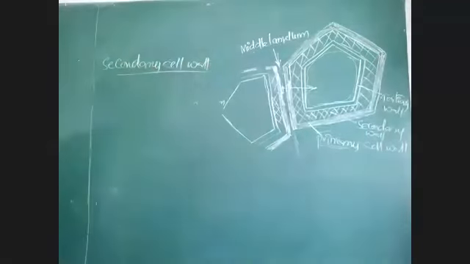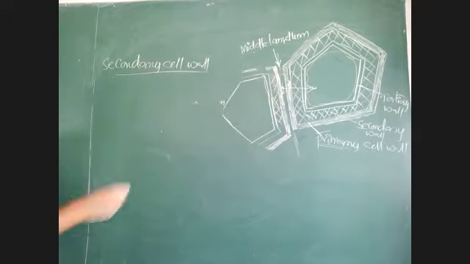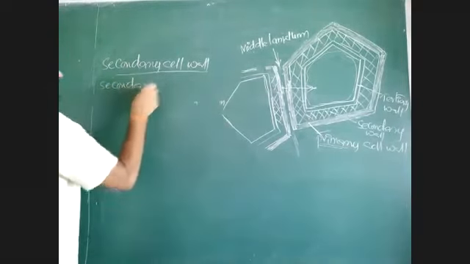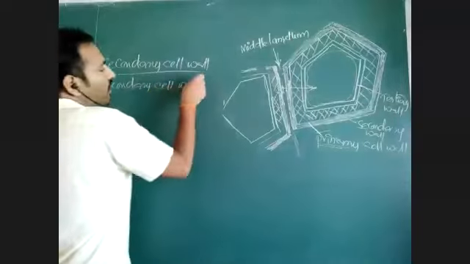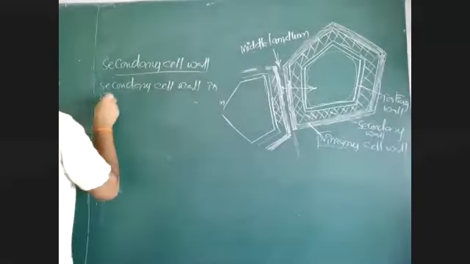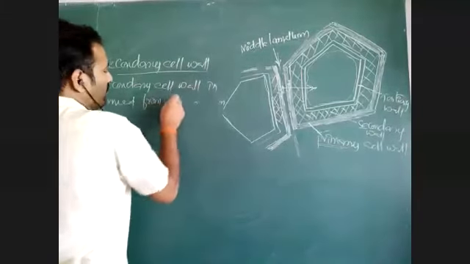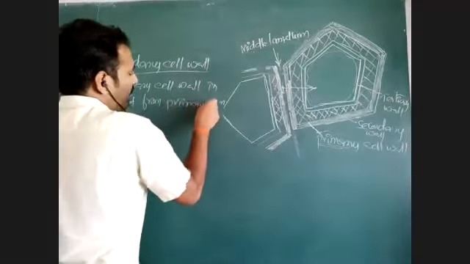Secondary cell wall is present next, inside that. In some of these plant cells, once cell division is completed, the secondary cell wall is formed from the primary wall.